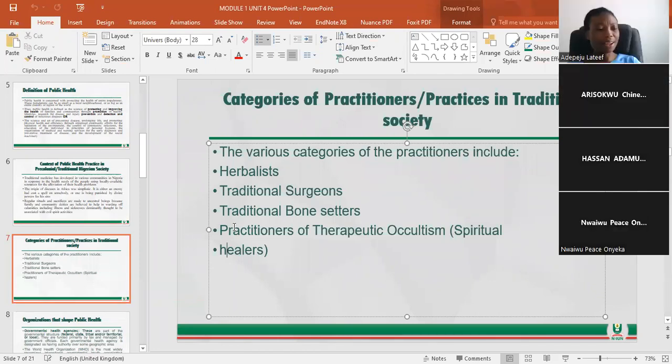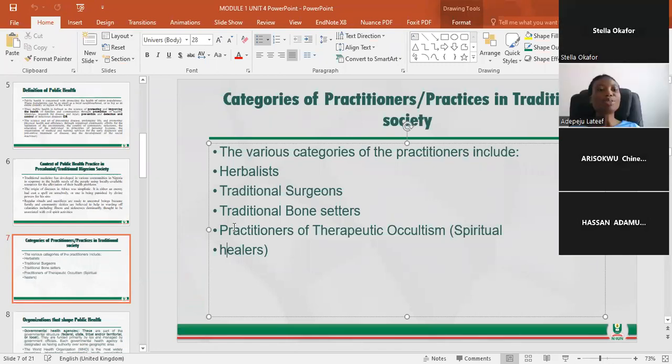I once had a friend whose brother had an accident and he was in the hospital for seven months, thereabouts. At the end of the day, a friend of the brother said they needed to take their brother out and take him to a traditional bone setter. And they did.